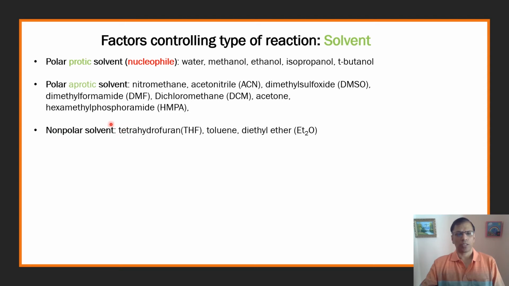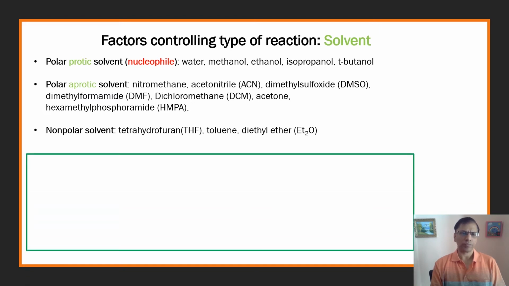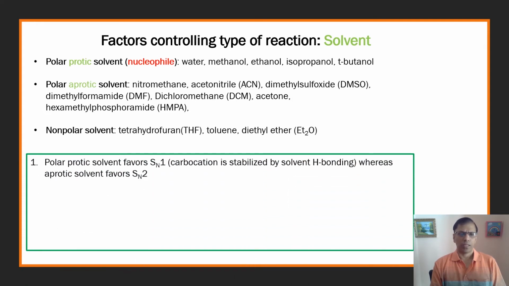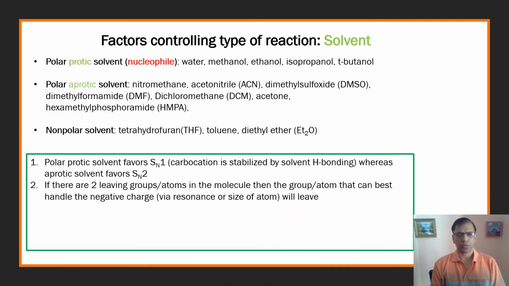So nonpolar solvents don't stabilize the carbocation, and so they will not favor an SN1 or an E1 reaction. So a couple things to remember, that polar protic solvents will favor SN1, whereas aprotic solvents will favor SN2.